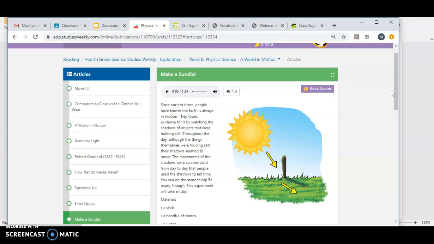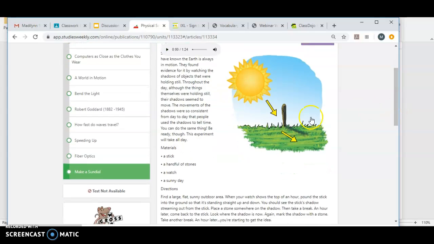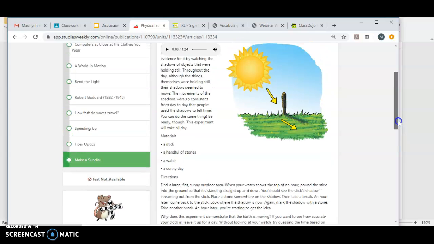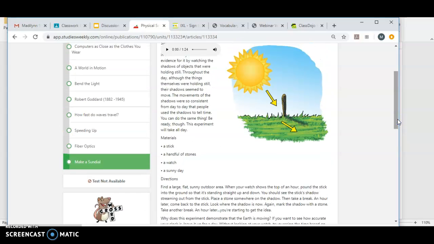Now, this is an experiment or a project that you're going to do with a grown-up with you. The materials are everything you already have: a stick, a handful of stones, a watch, and a sunny day. On your own, you're going to read these directions and create your sundial. Please, please, please do this with a grown-up. Follow all of the safety precautions that the state and your parents have taught you during this special time that we're having.